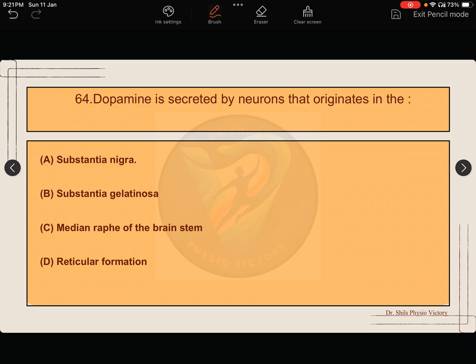Here the correct answer is option A substantia nigra. Full name is substantia nigra pars compacta.